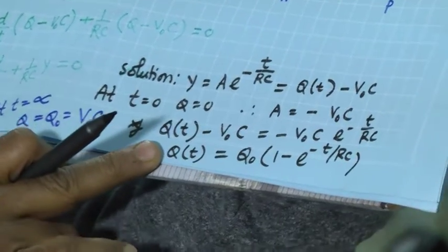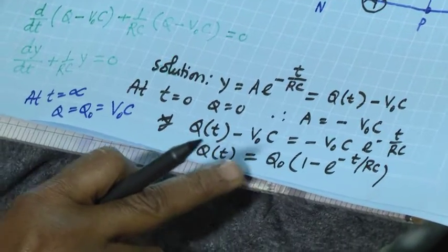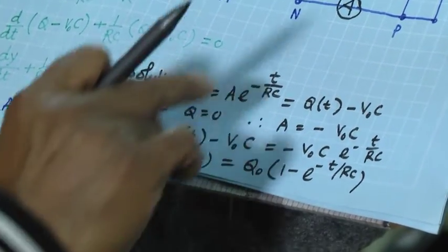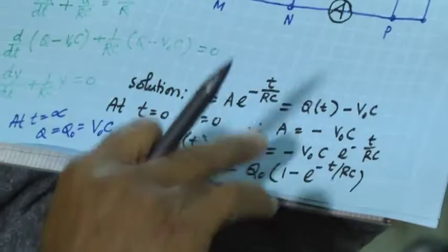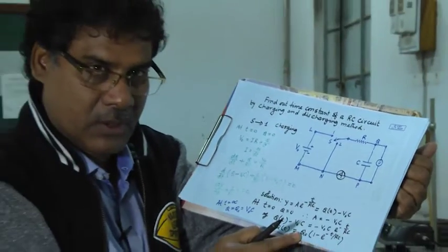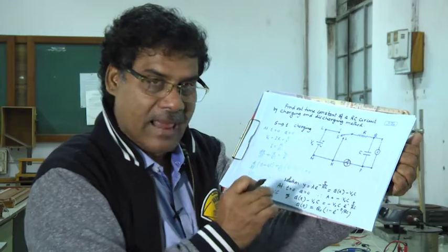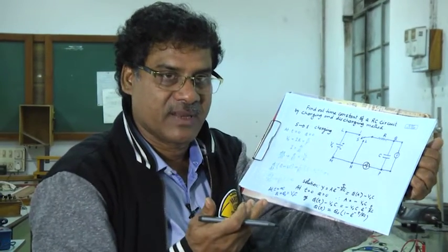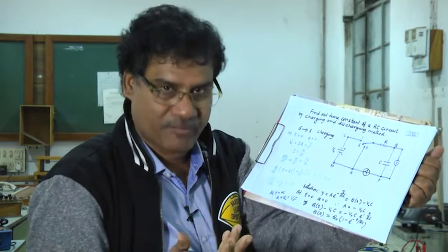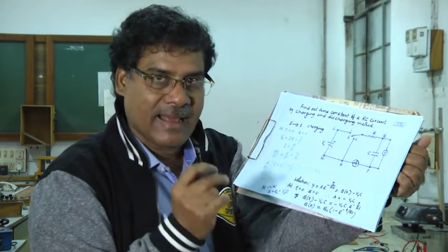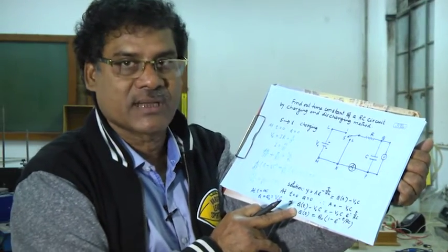This is the variation of charge with time. As voltage is increasing, charge will also increase the same way, and it will go towards the Q0 value. So, t equal to RC, what does it mean? RC is a time. At that time, what will be the value of charge in the circuit?